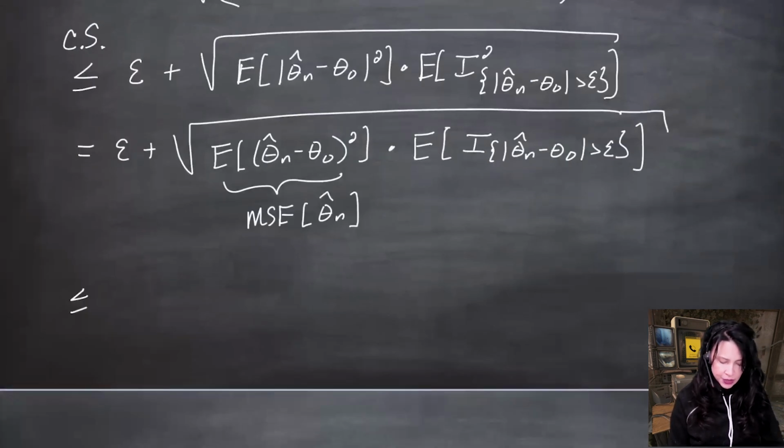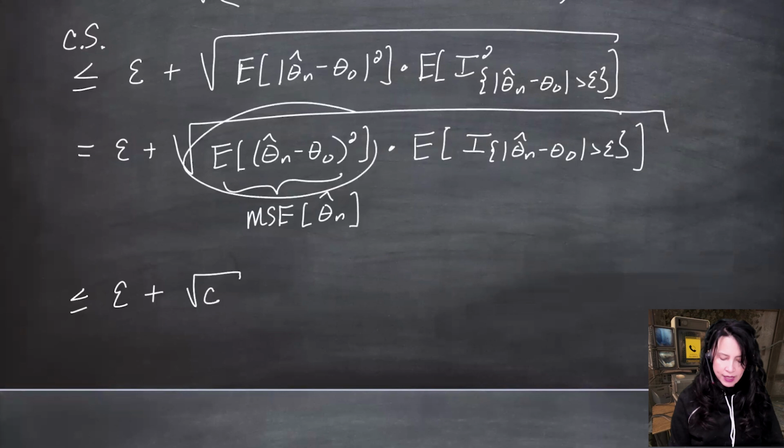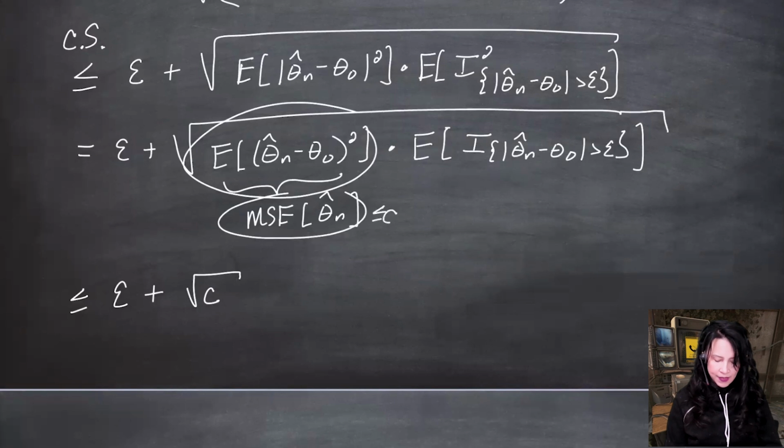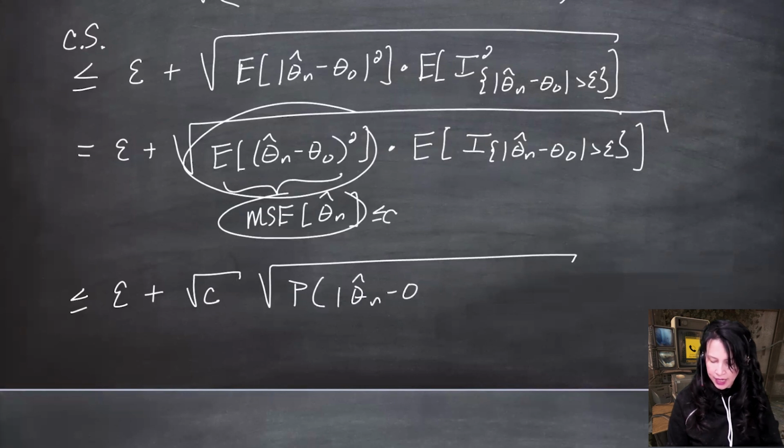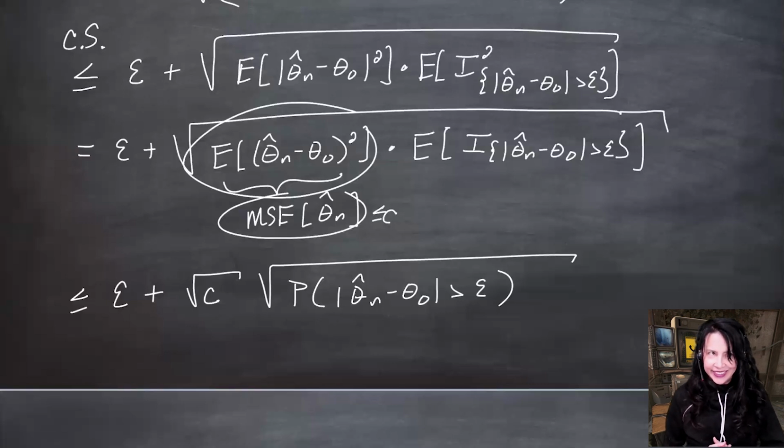This whole thing is less than or equal to the expected value of epsilon plus the square root of c. So I'm breaking this up and using the fact that the MSE was less than or equal to c. And then the other part is the square root of the probability of the absolute value of theta n hat minus theta naught being greater than epsilon, by what we just discussed. Okay, what are we trying to show? We are trying to show that the MLE is asymptotically unbiased. If I have convergence in probability, which to have that, I'm going to need a condition.